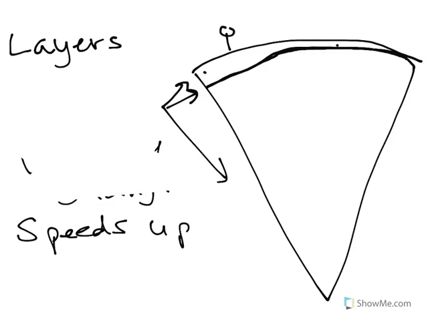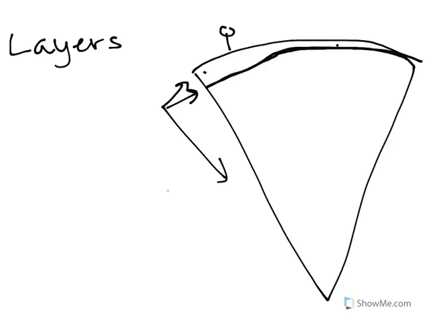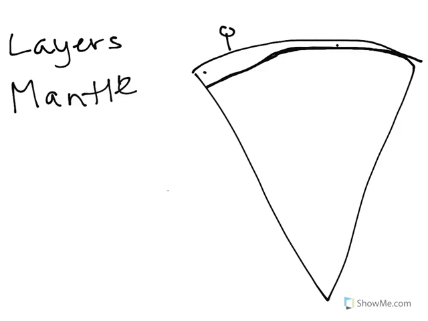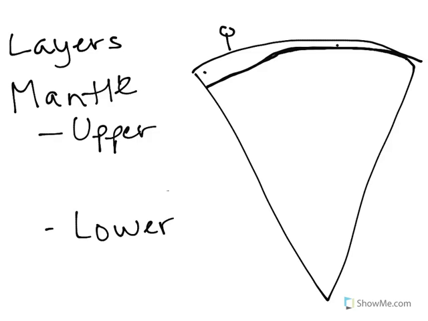Now let's talk about our next layers down below. Below our crust is going to be our mantle. We can divide our mantle into two different layers, the upper layer and the lower layer. The upper layer is not going to be very thick, but it's right underneath our crust.